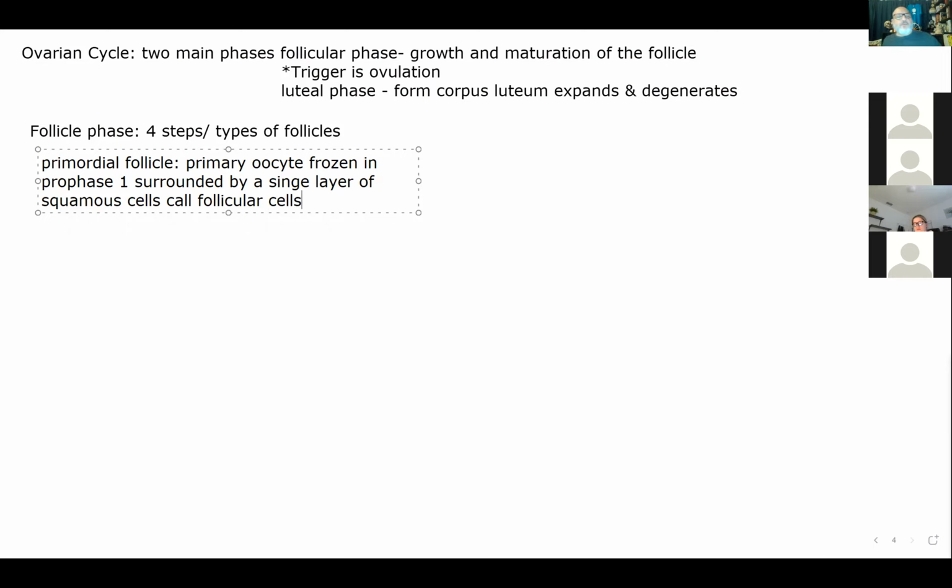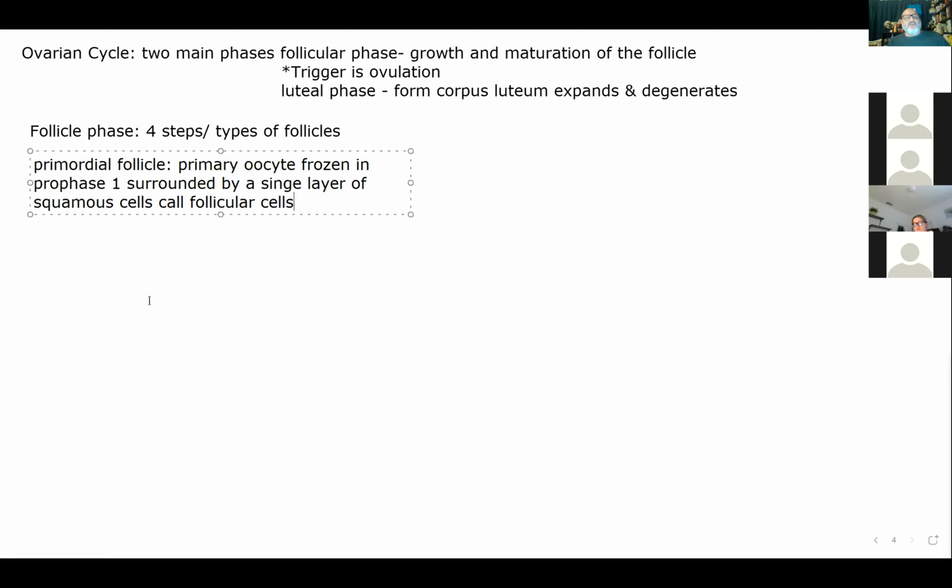Excellent. So our primordial follicle is a primary oocyte frozen in prophase 1, surrounded by a single layer of squamous cells that are called follicular cells. And we can go ahead and put that in parentheses.